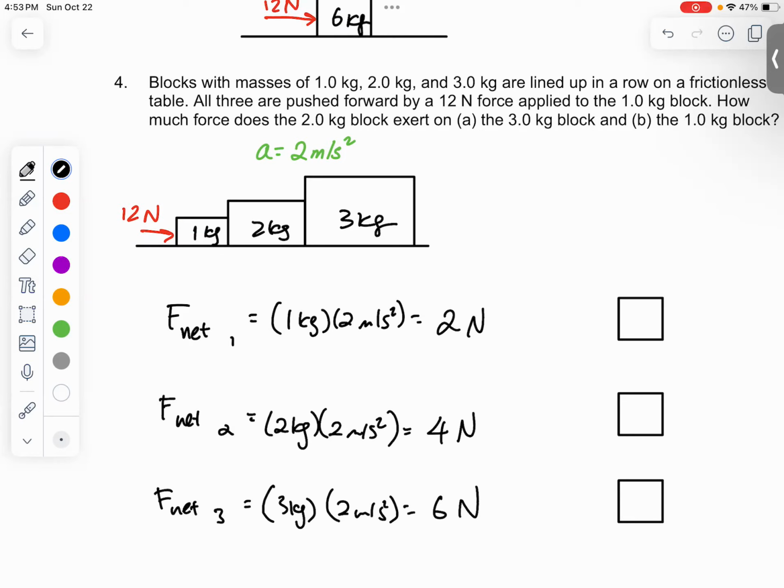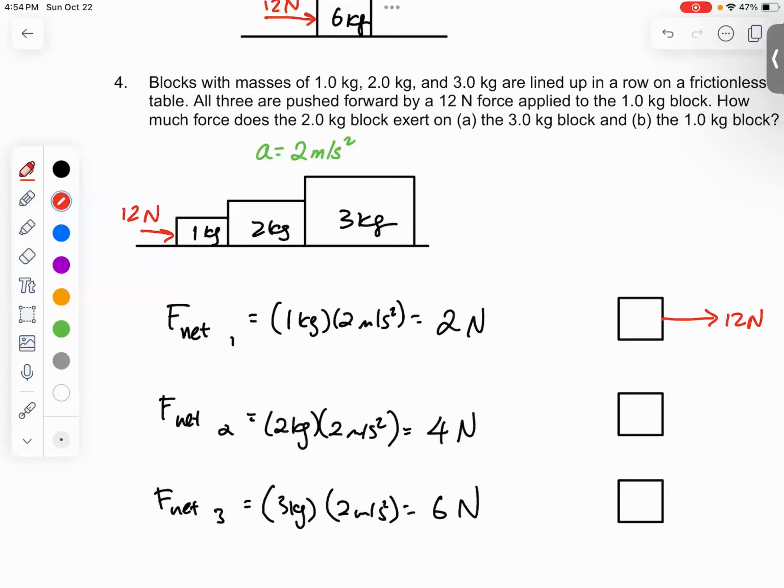And now this is where we would draw our free body diagram for each particular object. Now, let's start off with the first one. It is true that we applied a 12 newton force on the first object, right? But the net force is 2. Well, how come?